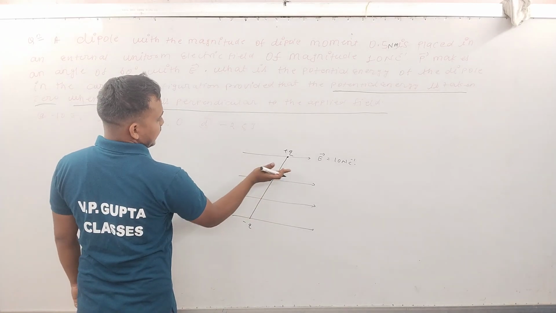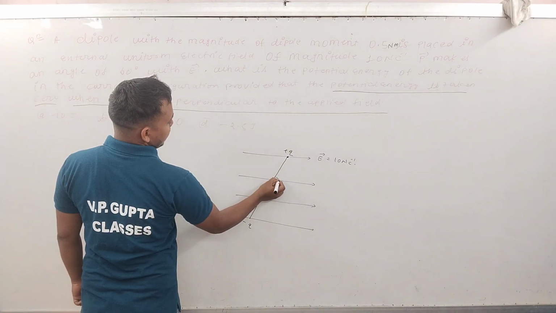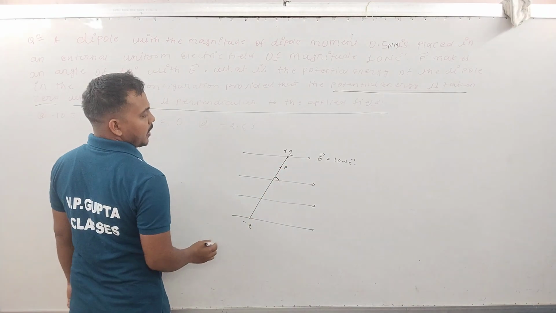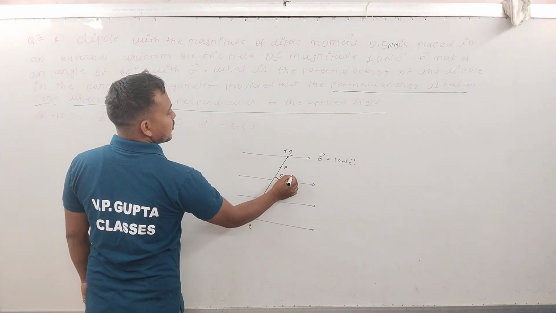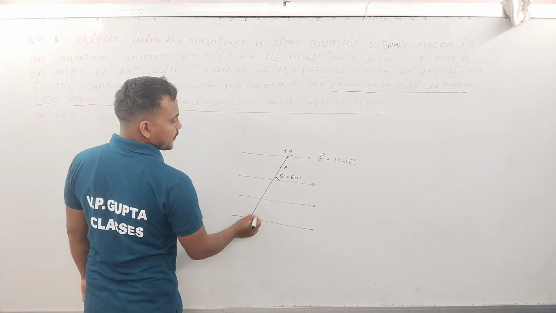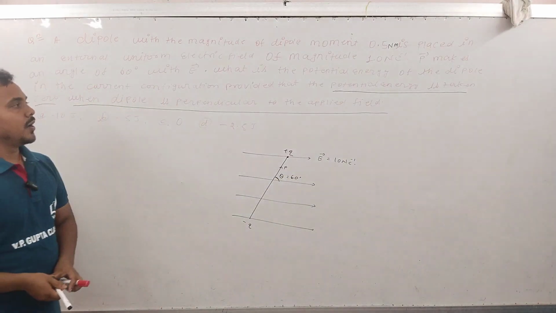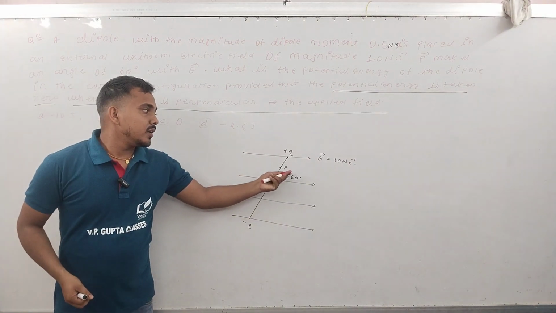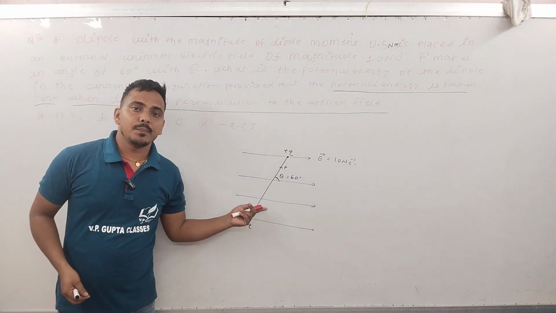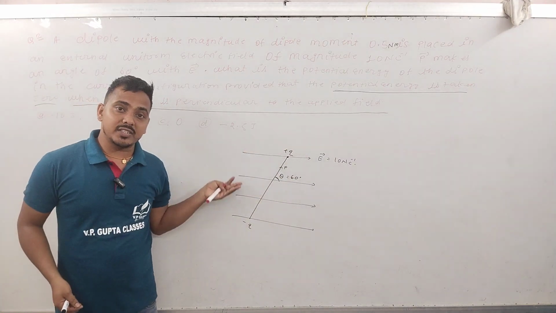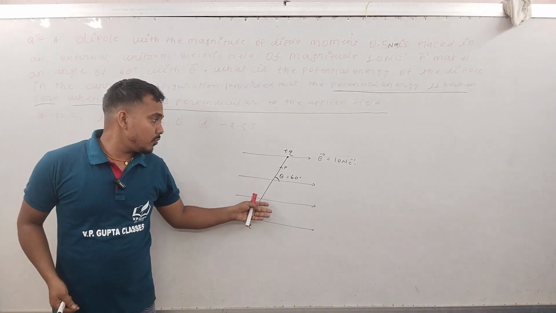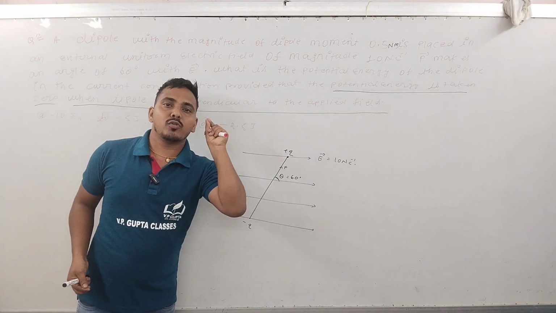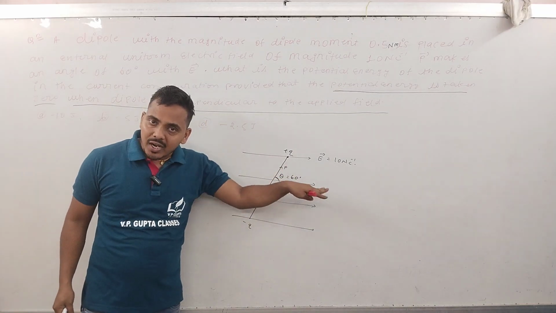This is the uniform electric field, and the electric dipole moment is P, with angle theta equal to 60 degrees. What is the potential energy of the electric dipole when the potential energy is 0 when the dipole is perpendicular to the direction of the electric field?